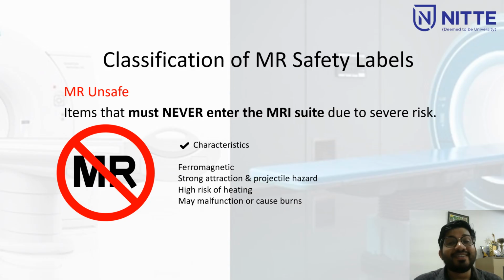So we'll move on to the third one, MR unsafe. Items that must never enter the MRI suite due to severe risk. So all ferromagnetic objects and traditional pacemakers are MR unsafe. Characteristics: ferromagnetic, strong attraction and projectile hazards can happen, high risk of heating, and may malfunction or cause burns. So why are conventional pacemakers unsafe?